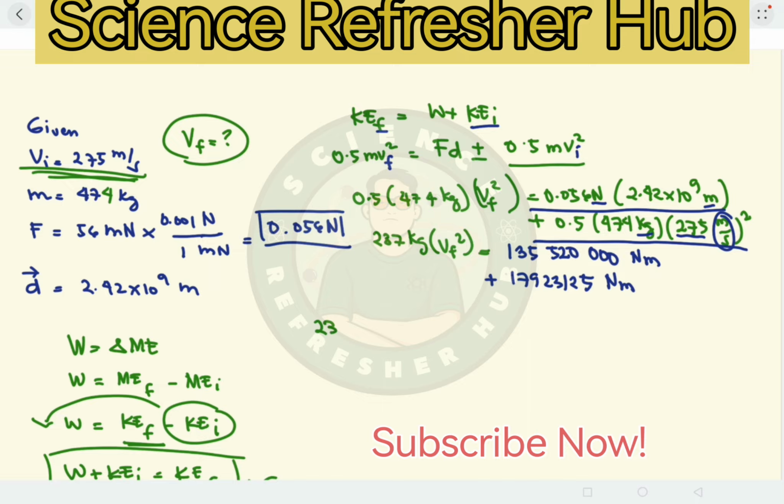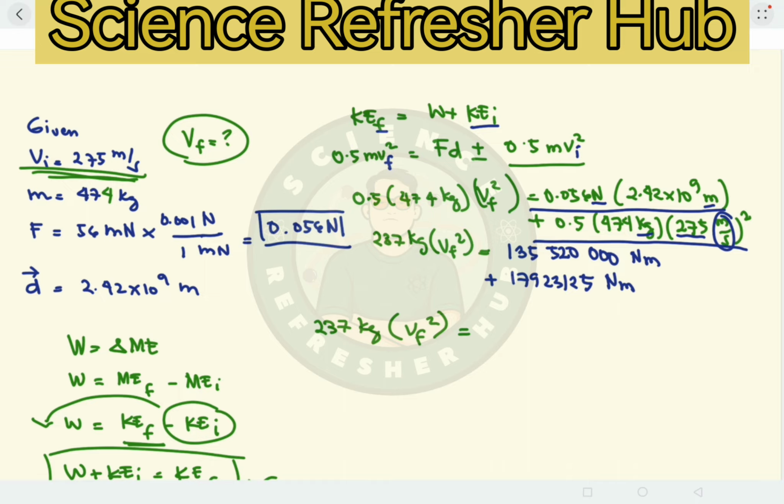On the left side, 237 kilogram VF squared is equal to the sum of 17,923,125 plus 135,520,000, and the sum is 153,443,125 newton meter.